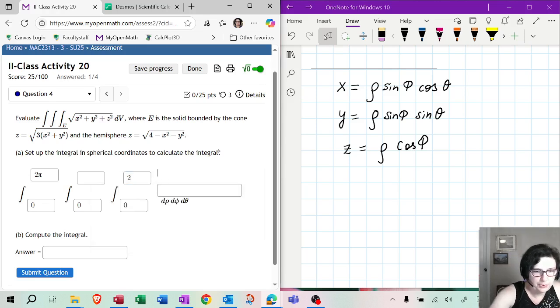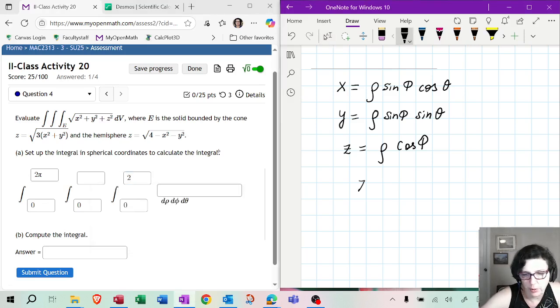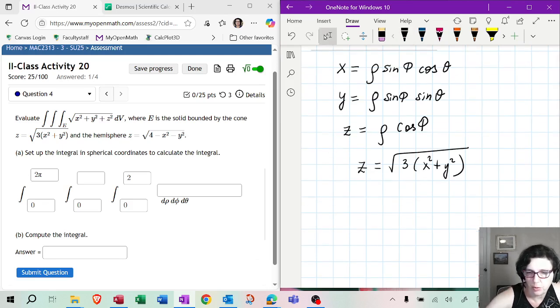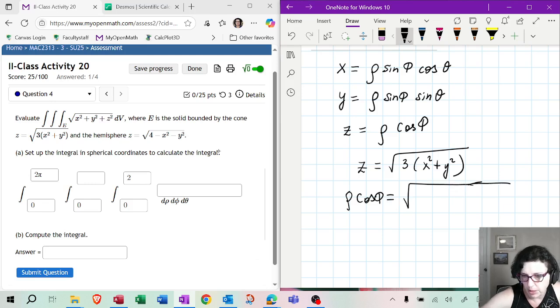As far as this cone, look at the equation of it. It's z equals square root of 3 times the square root of x squared plus y squared. Here I have the definition of the coordinates, so z equals rho cosine phi. On the other side, you're going to get 3 times x squared plus y squared. But what happens when you square x squared plus y squared? Let me do this on the side.